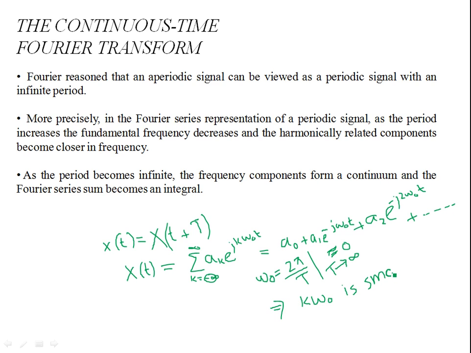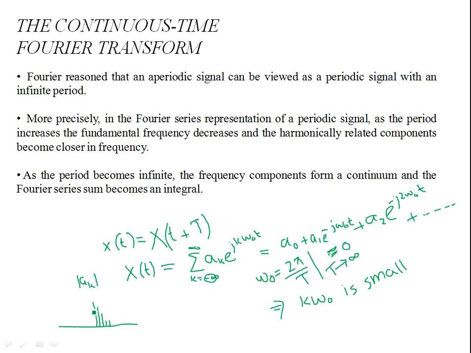It means that in the Fourier spectrum, if you draw the magnitudes of a_k, which can be complex quantities, then as T becomes large, these Fourier coefficients become bunched together.